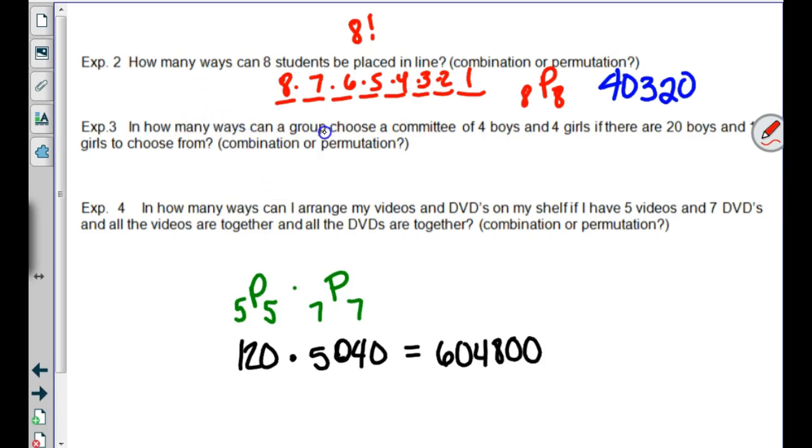In how many ways can a group choose a committee of 4 boys and 4 girls if there are 20 boys and what did it say underneath there? Okay, so 20 boys and we're going to pick 4. It's a committee, so definitely order doesn't matter. And then there's 15 girls, and we're also going to pick 4. All right. And then we're going to multiply those together because if there's 17 ways we can do this and 17 ways we can do this, then we could have a lot of differences.